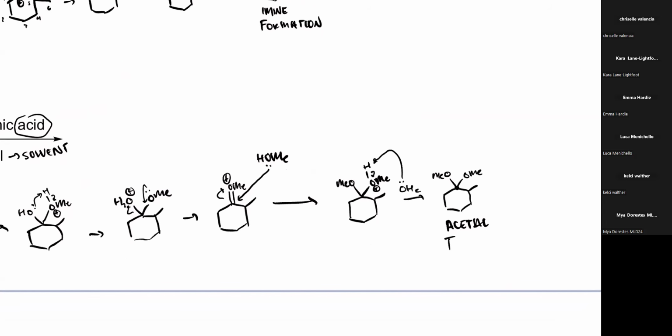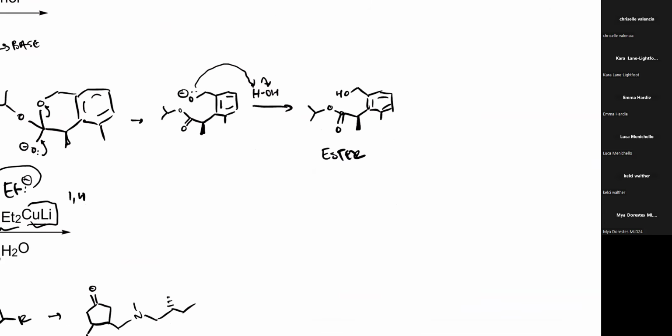Same thing here, acetal formation. This would be a transesterification, right? I've gone from one ester to another. And really, I would care that you could say this is a 1,4 addition. That's a good question.